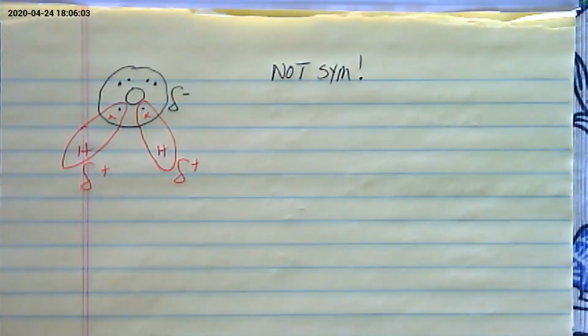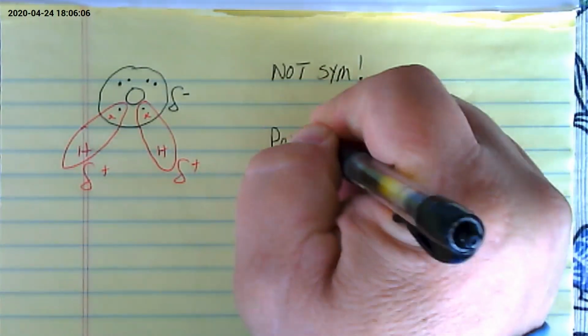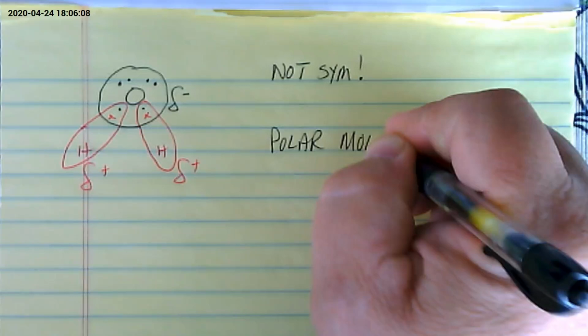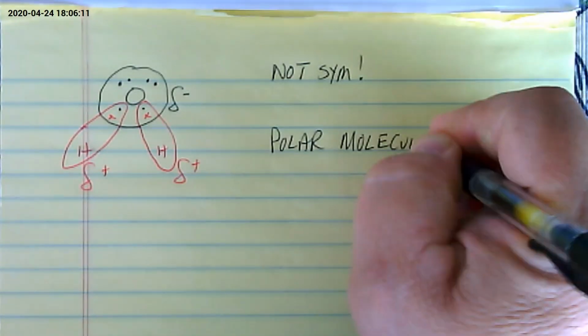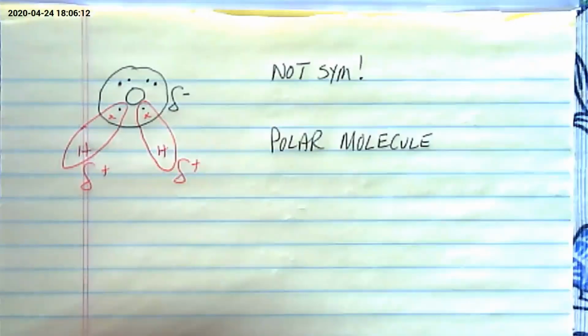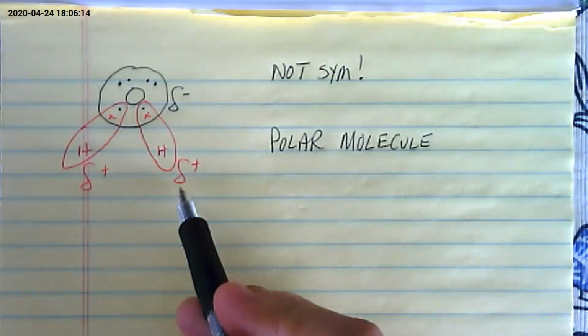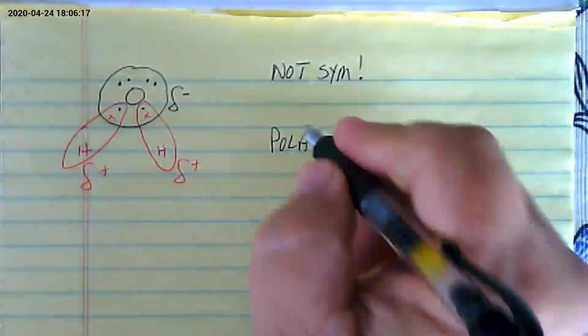So if I take a water molecule and put it next to another water molecule, and remember that the oxygens are partially negative and the hydrogens are partially positive, it should make sense to you that the positive side of the hydrogen of the water molecule is going to be stuck to the negative side of the other one.